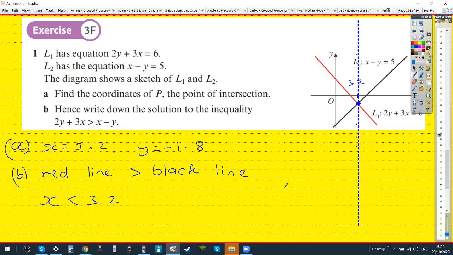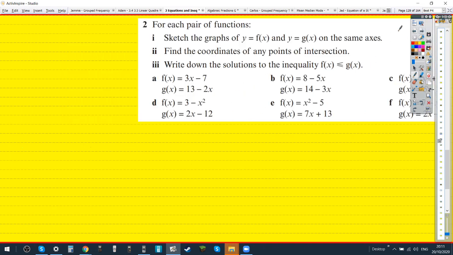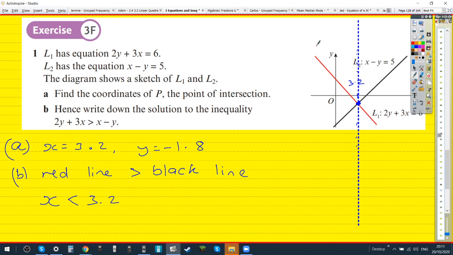So you can do it by graphing it. Any questions there? So was the answer x is greater than 3.2? Less than. x is lesser. Yeah. When x is less than 3.2. Okay. Any questions there?